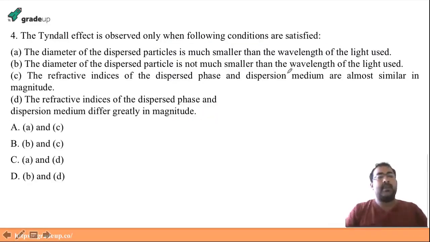All right. Now the Tyndall effect. The Tyndall effect is observed only when the following conditions are satisfied. Here you can see the conditions given. The diameter of the dispersed particle is much smaller than the wavelength of light used. Or, the diameter of the dispersed particle is not much smaller than the wavelength of the light used.